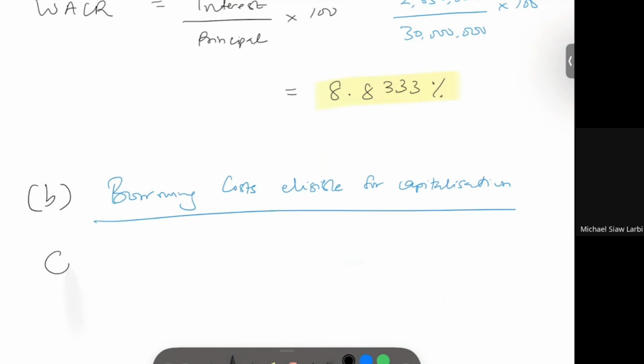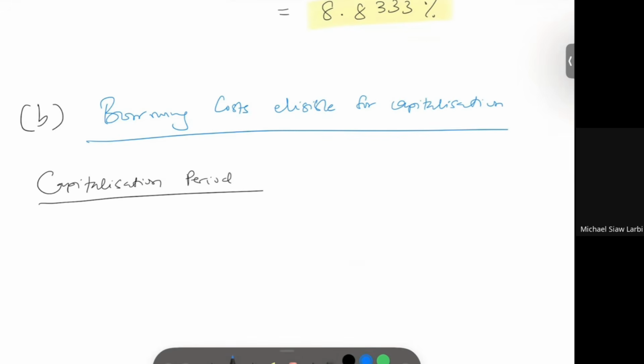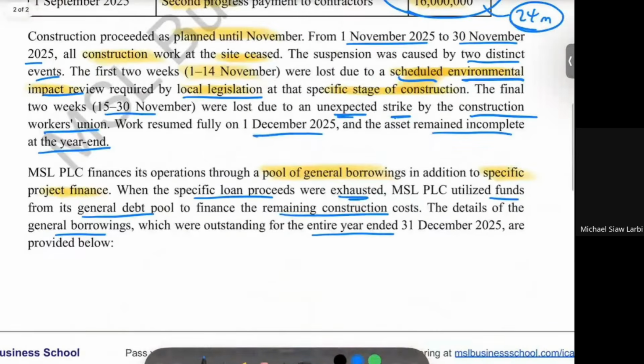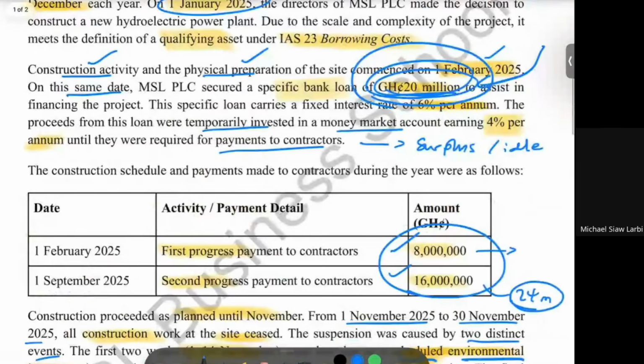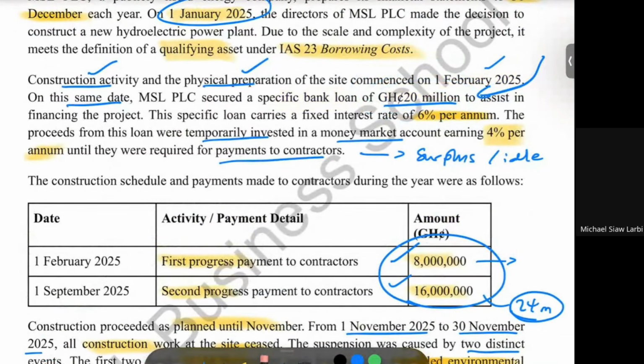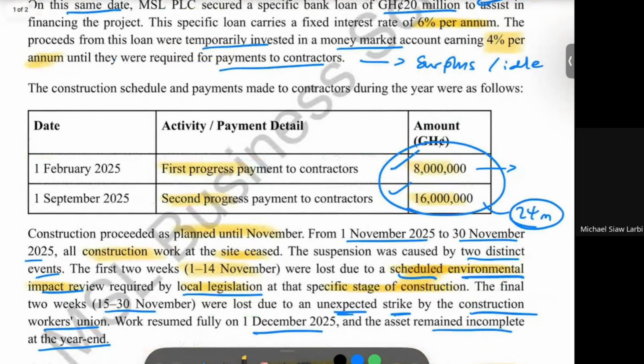So the first step is to find my capitalization period. Let's start with the first one, which is active construction. The question told us that construction started 1st February and proceeded as planned until November.